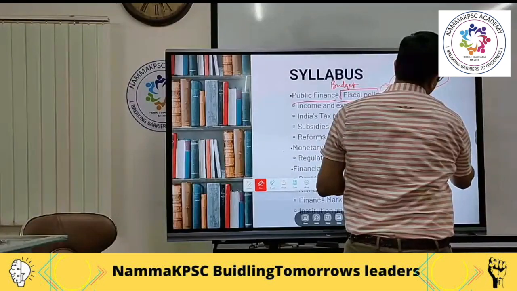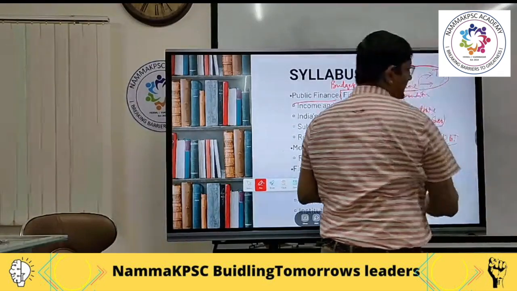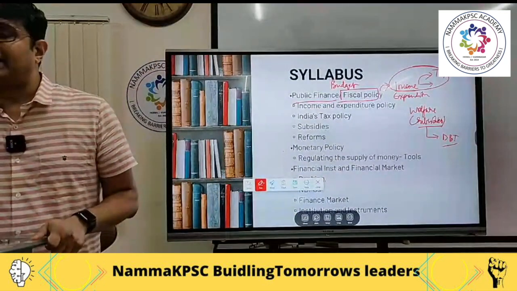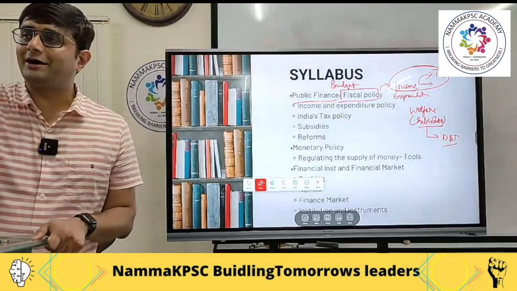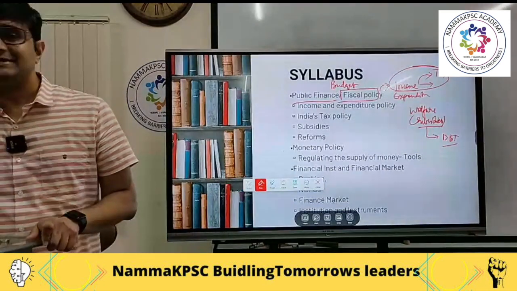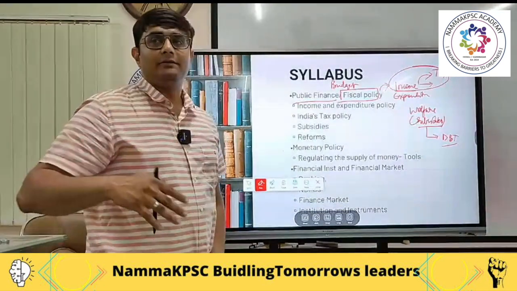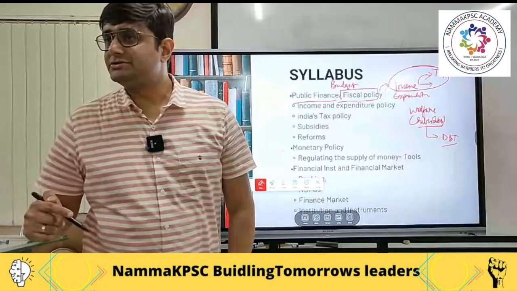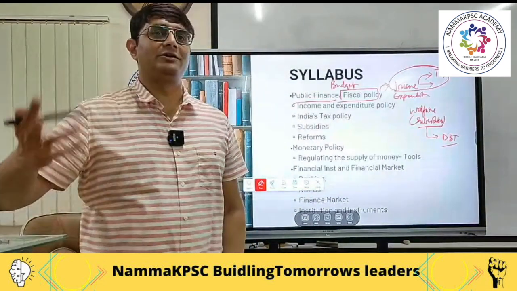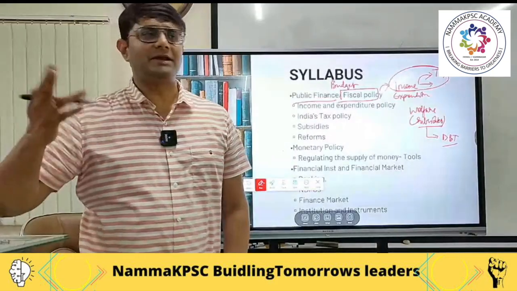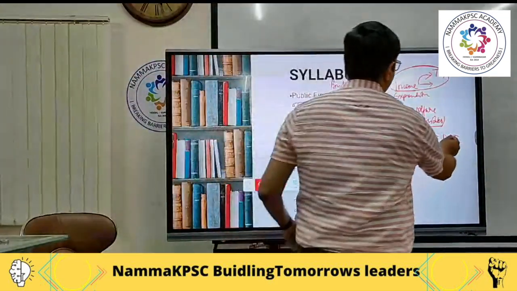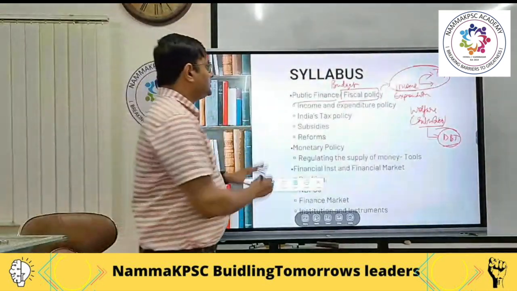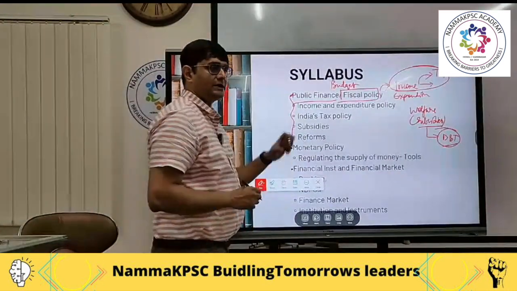The government has introduced what is known as DBT, that is direct benefit transfer, where the money is given directly to the accounts of the beneficiaries, instead of simply giving products which can be misused or diluted or sold outside. They directly are transferring this money to the accounts of the beneficiaries. So like that, all these things we will be discussing under fiscal policy.